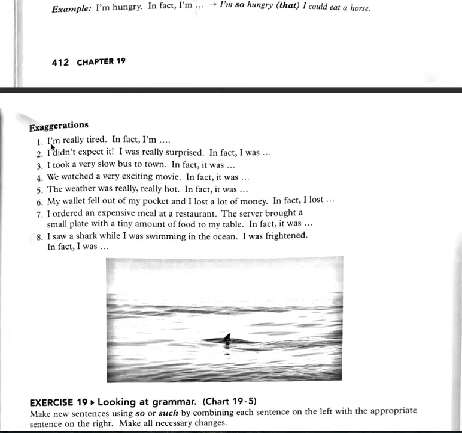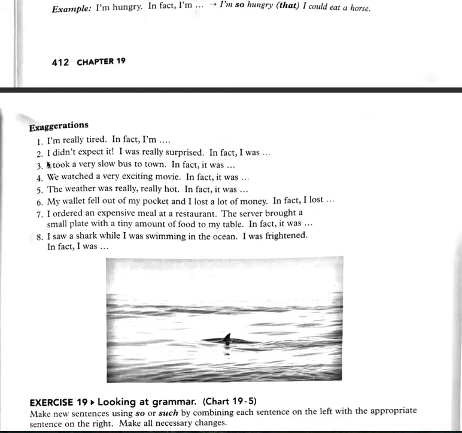Number 1. Okay, I'm going to do this one because it's an exaggeration. I'm really tired. In fact, I'm so tired that I need 36 hours in a day to sleep. Or, in fact, I'm so tired that I need 3 beds to sleep in.